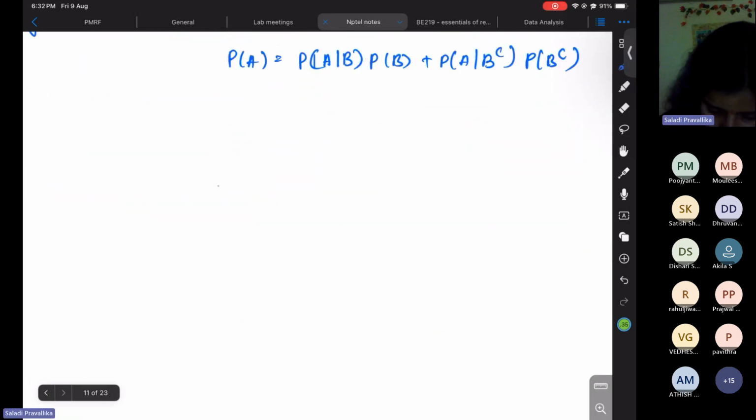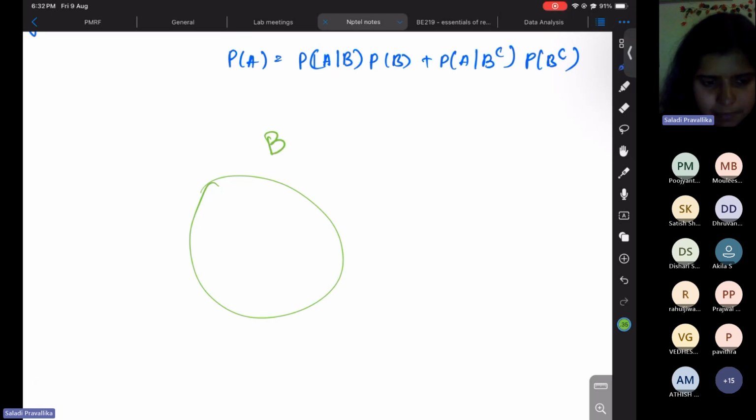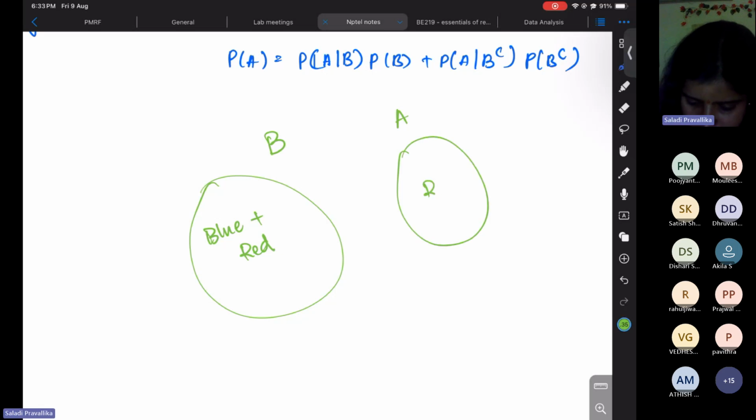Okay, so let us call this B. What exactly is this B? It's blue plus red, right? And what is A? Just red. Am I right?